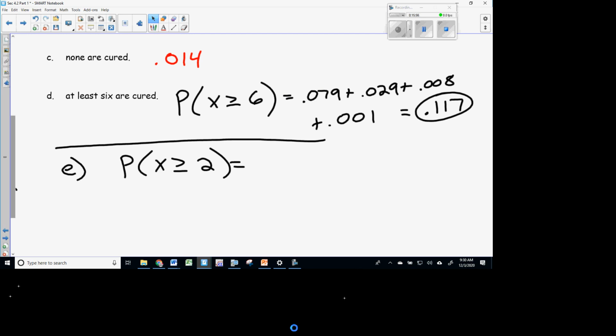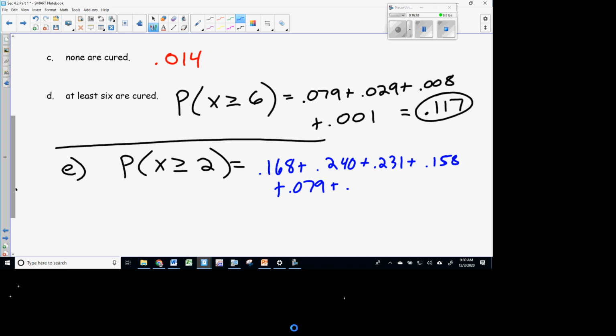Do the same thing, so what would you add up? Somebody tell me what are the numbers that add up? 0.168 plus 0.240 plus 0.231 plus 0.158 plus 0.079 plus 0.029. Oh, it's the rest from up there. We're back to there, 0.008 plus 0.001, right?